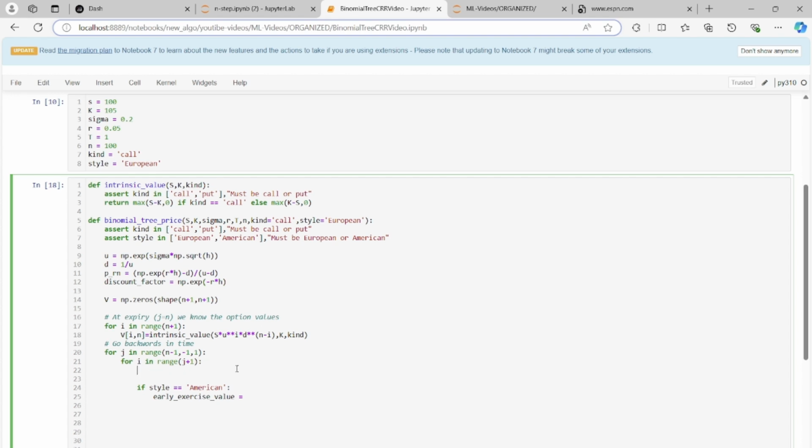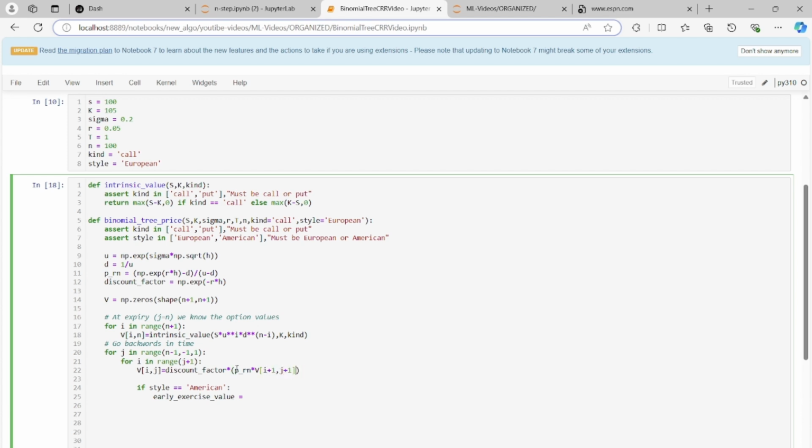So our value is going to be Vij equals discount factor times p risk neutral times, if the stock goes up, you're at i plus 1, j plus 1.